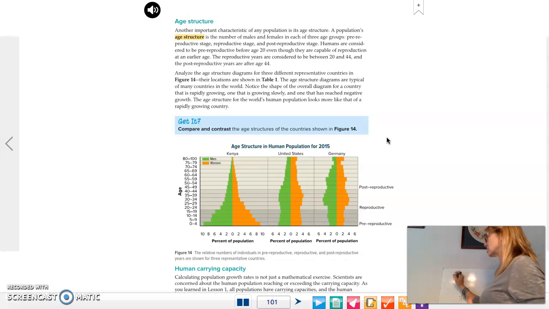Age structure graphs take males and females and put them on either side of the chart that's given there on page 101. In each of them there are three different groups: your pre-reproductive group, your reproductive group, and your post-reproductive group.